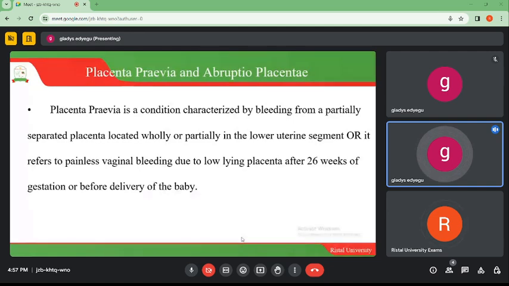It can be around 24 weeks, or even when the mother is at term. Term pregnancies are basically from 37 weeks of gestation. The mother can easily start bleeding around that period while the baby is still in. She has not yet delivered it, so we call it placenta previa.